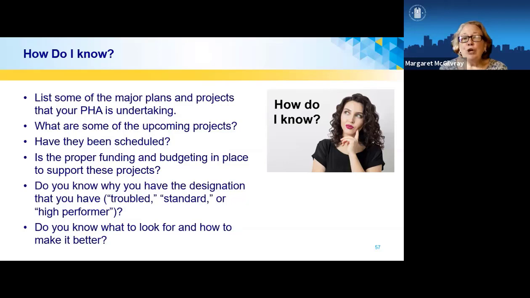Do you know what areas of that authority are not running as well as they should be? If not, that may be something that you need to talk to staff about or have your executive director bring up for you. So we just like to give this as a little cross-check for you to see whether you're on top of your game or there's a little bit more work to be done.